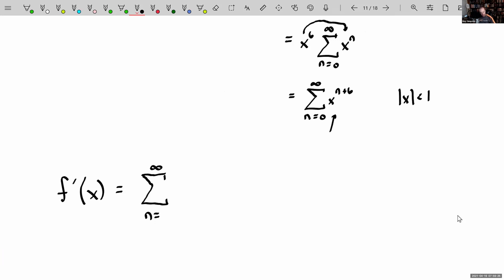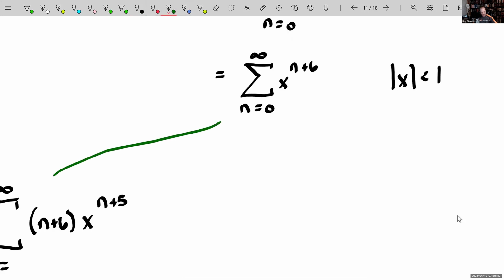You bring down the power, and you reduce 1 from the power. That would be the derivative, but we still have to figure out the index. Does the index change or does it stay the same? That's a critical question. So let me go ahead and link these up and say, do we change the index or not?